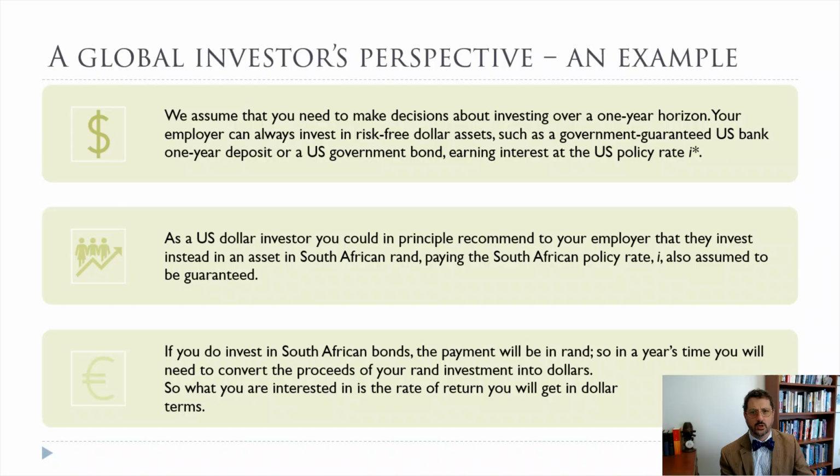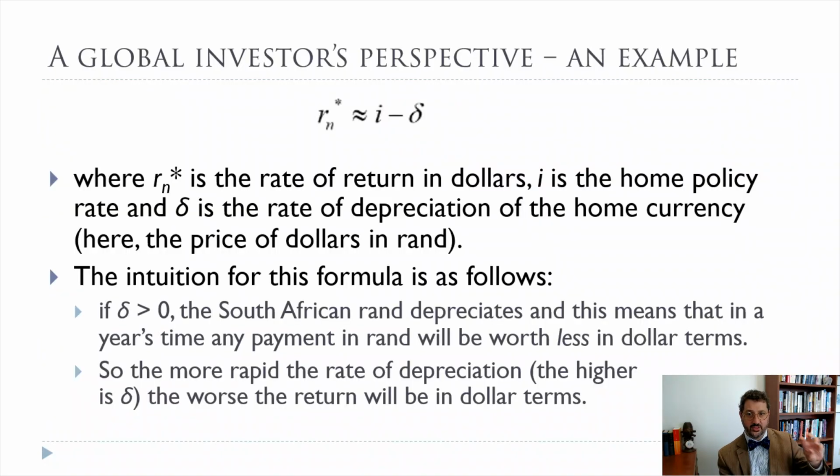If we think about our rate of return in dollars, that's what this R star is, then it's going to be approximately equal to the interest rate in South Africa, that 6.5%, minus the depreciation rate.